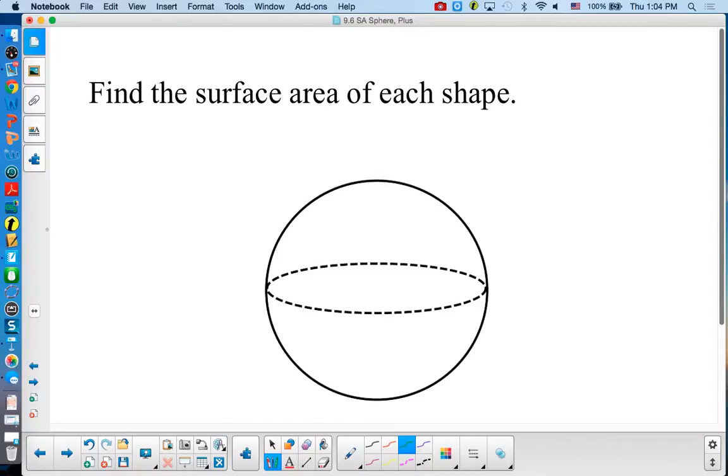What shape is this? Let's go with 14 inches. This one's a sphere.